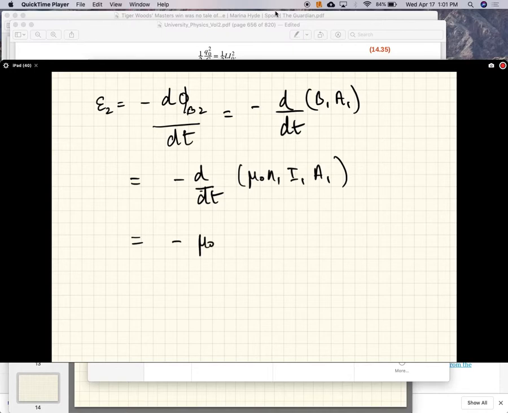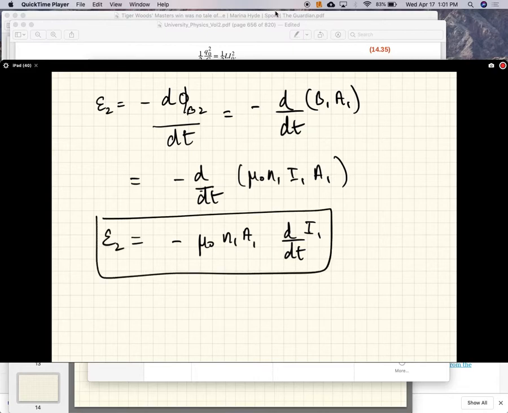So we get mu naught N1 A1 d by dt of I1. So this is from Faraday's law, according to Mr. Faraday, and here's the defining equation for mutual inductance.